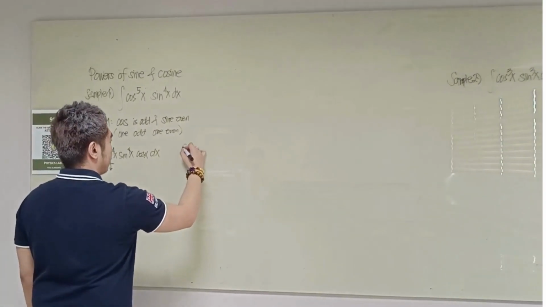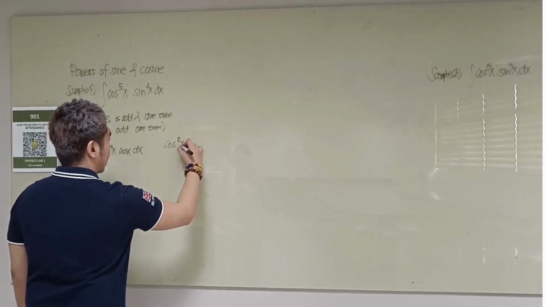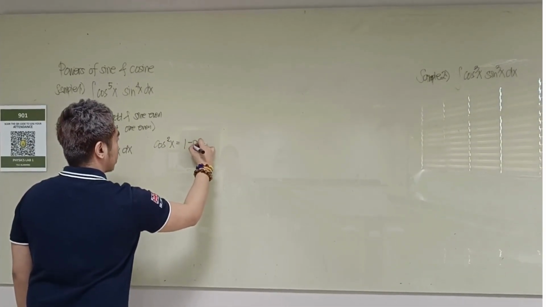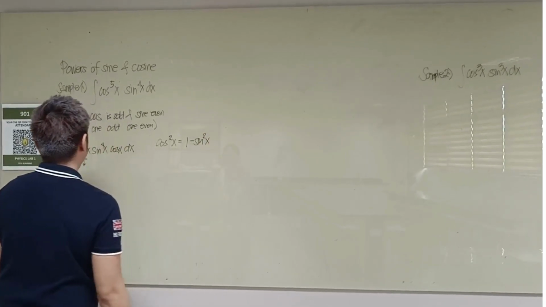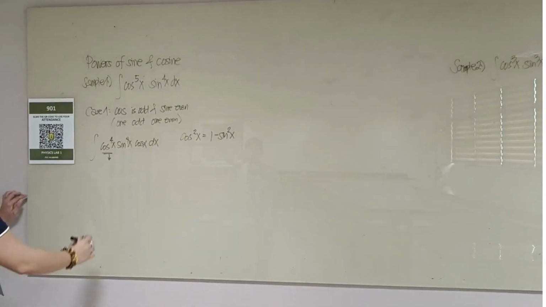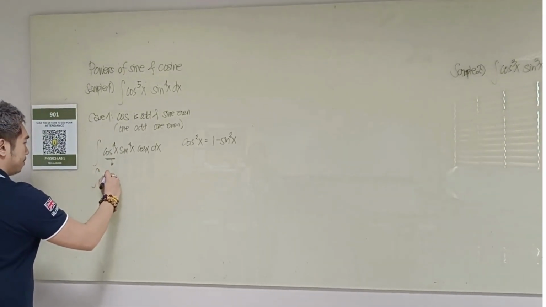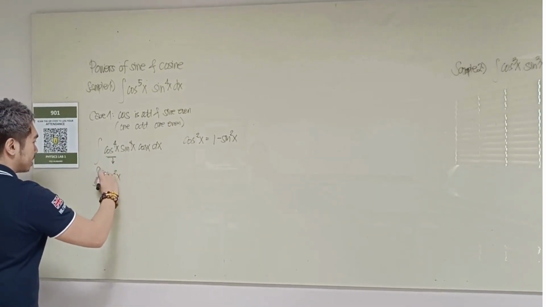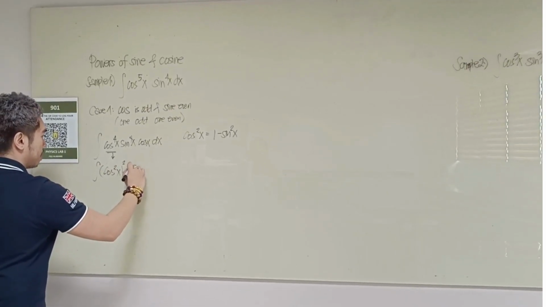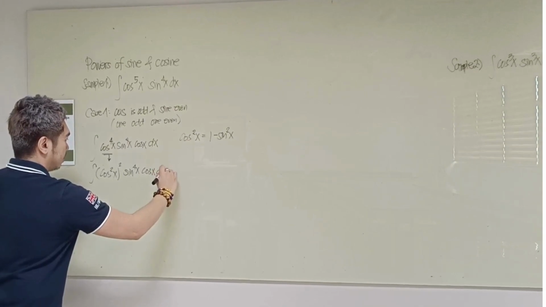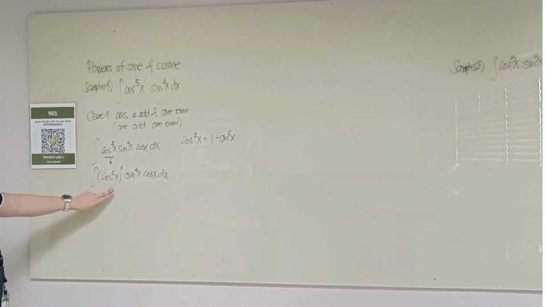Recall that cosine squared x is equal to 1 minus sine squared x. But before that, we need to write this as the integral of cosine squared x raised to 2 sine raised to 4x cosine x dx. So we can now apply the identity.